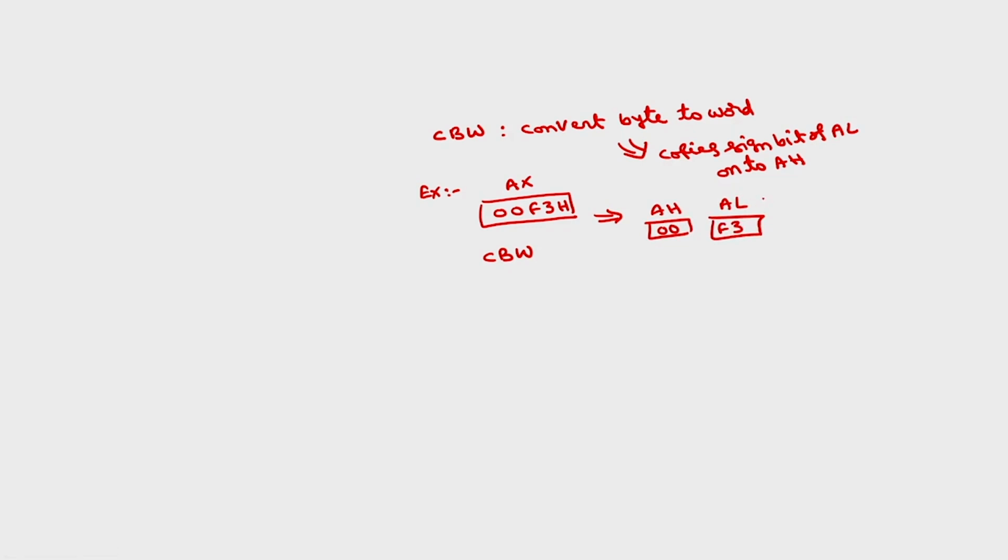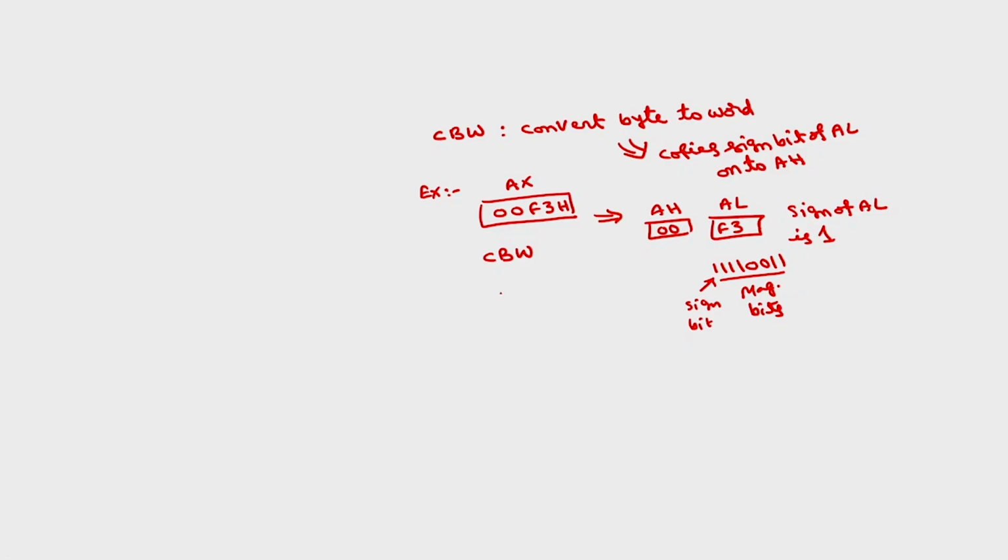What is the sign bit of AL? It is 1, because F3 means 1 1 1 1 0 0 1 1. In this, these 7 are magnitude bits and this is the sign bit, in signed magnitude representation, or signed 2's complement. So this sign of AL will be copied onto the AH.